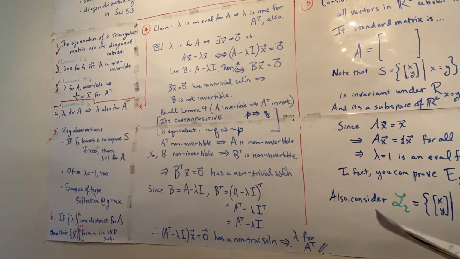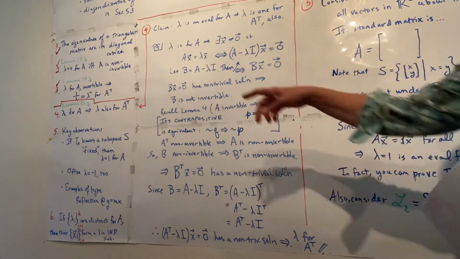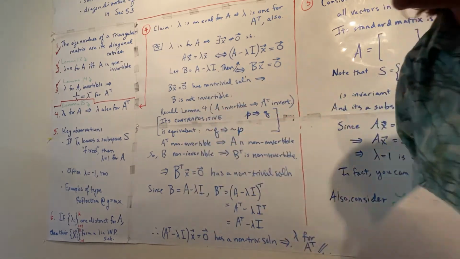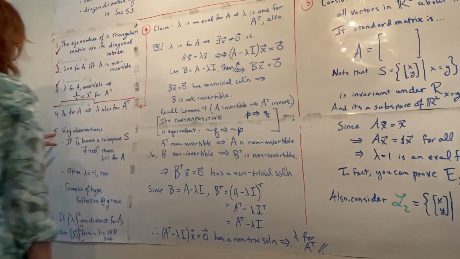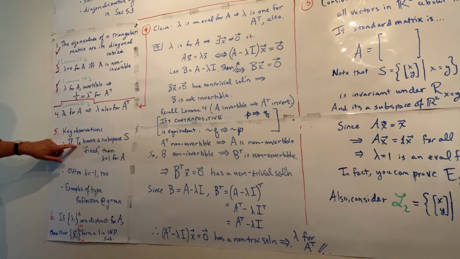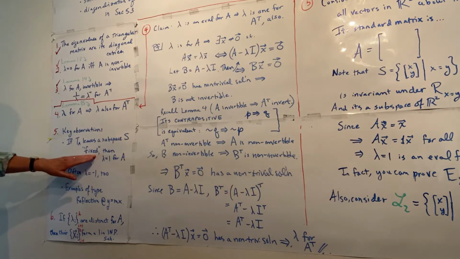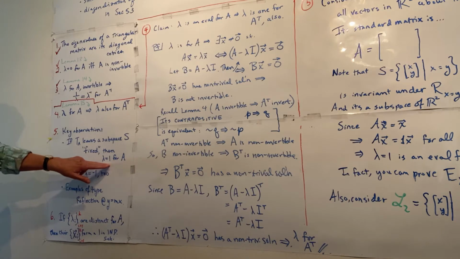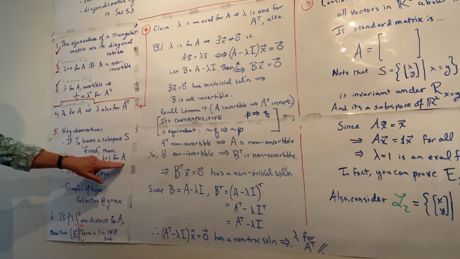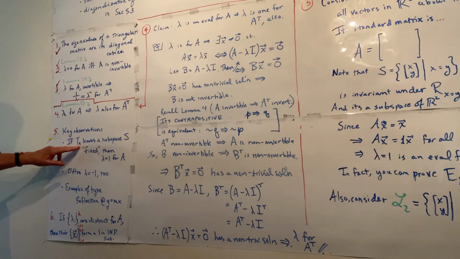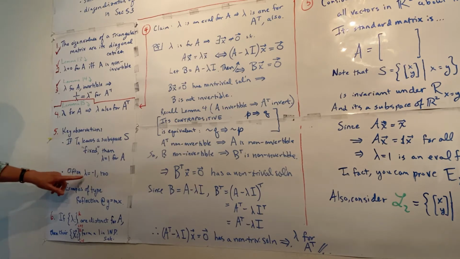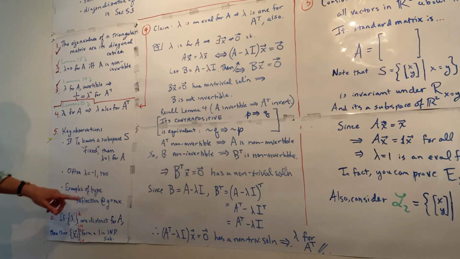All right. Now, number 5 over there. A key observation is that if a linear transform leaves a subspace invariant or fixed, then lambda equal to 1 is an eigenvalue for the associated matrix A. And often lambda equal to -1 will be an eigenvalue for it as well.